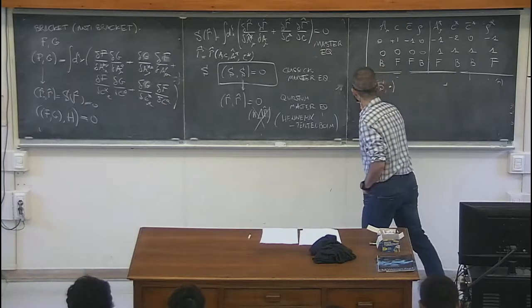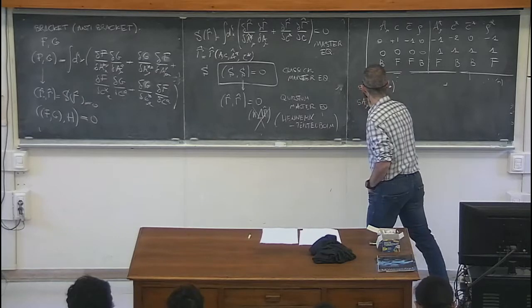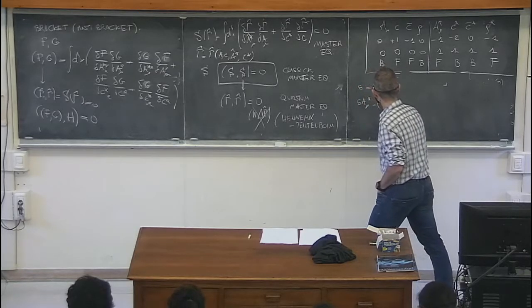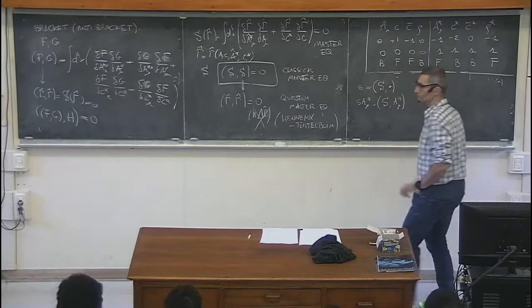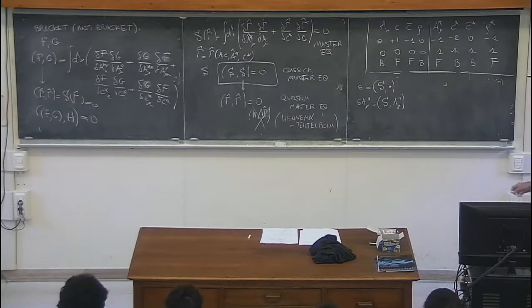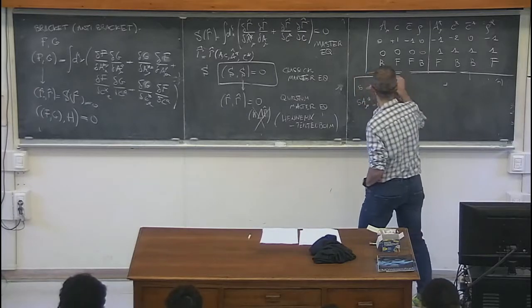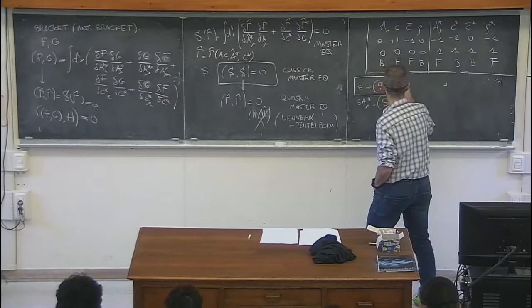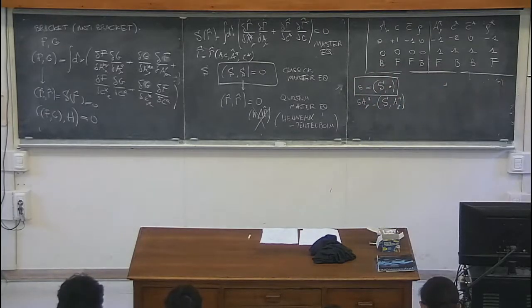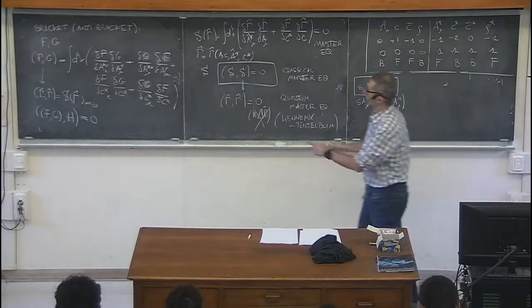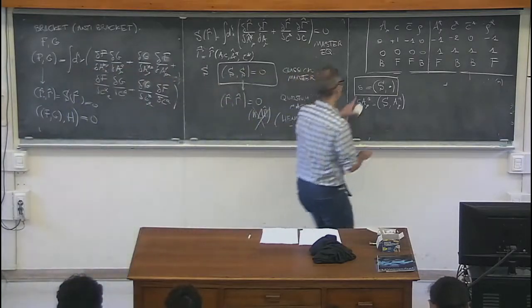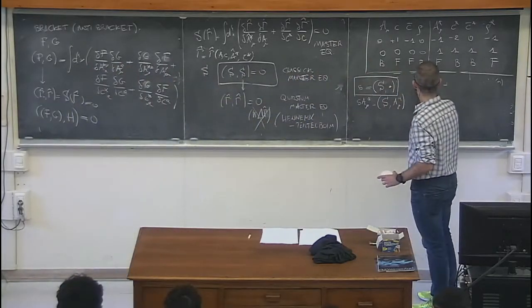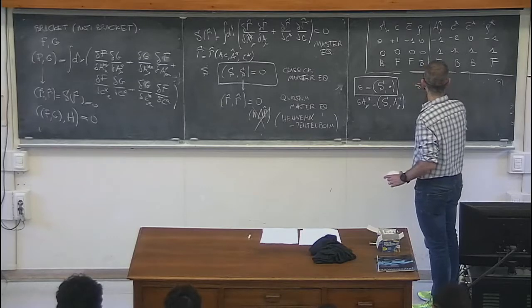Namely, if I do s of A mu A, this is just my action S times A mu A. So this is just a definition. Using this property, you can check immediately that this definition tells you that s squared is equal to 0.